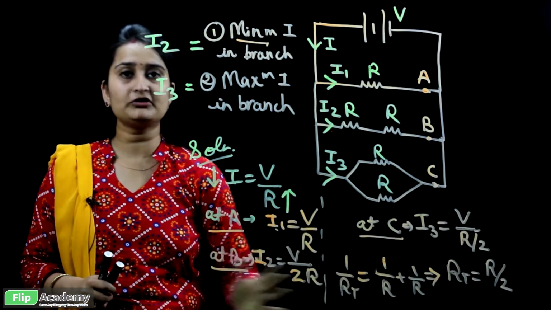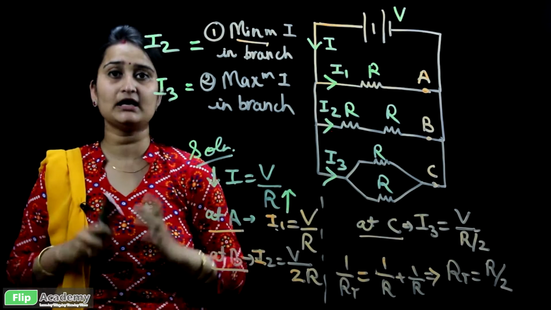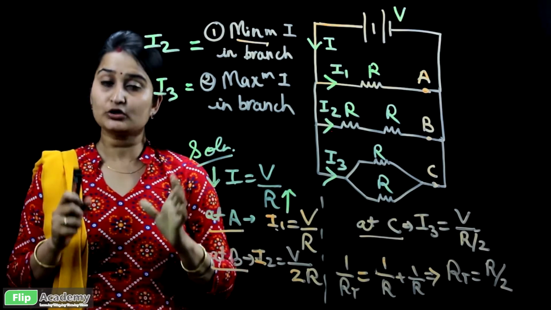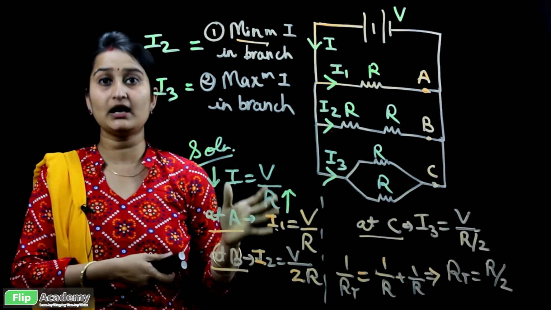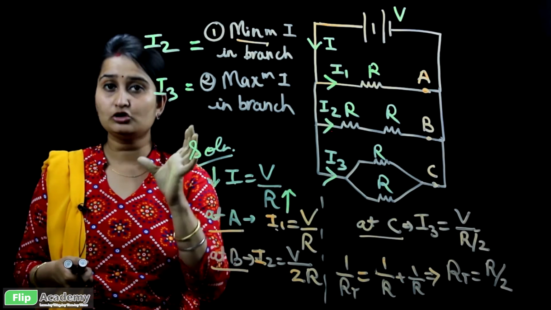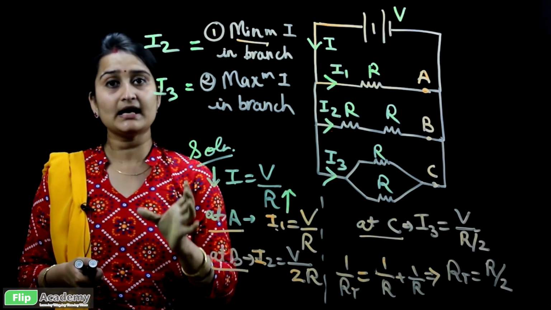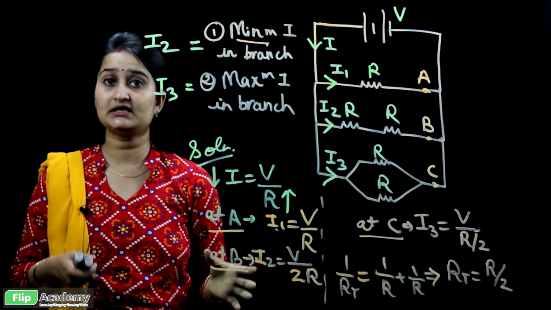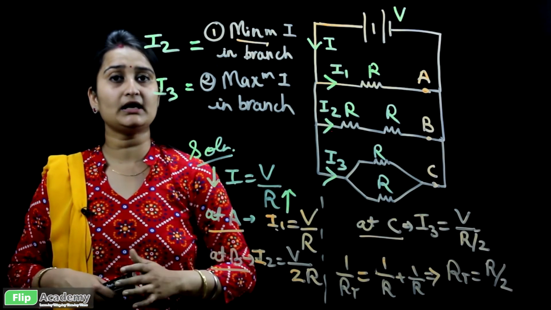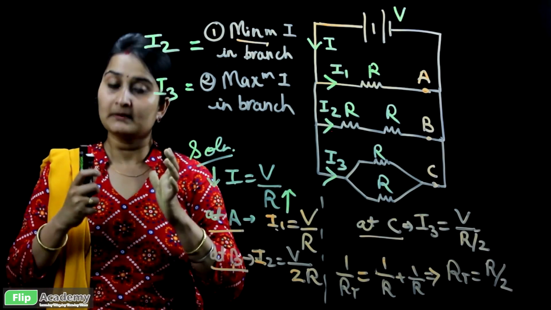I have proved this by this numerical also. So keep this in mind: when 2, 3 or 4 resistors are connected in series, the total current coming is minimum. When resistances are connected in parallel, the total current coming is maximum.